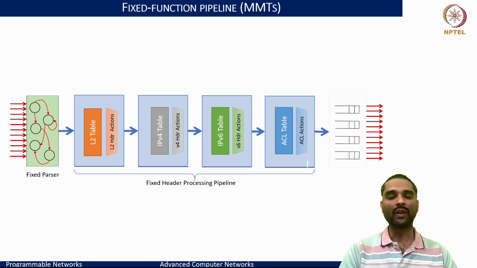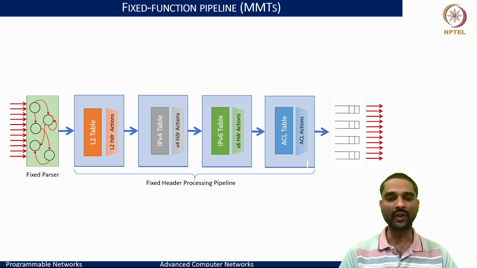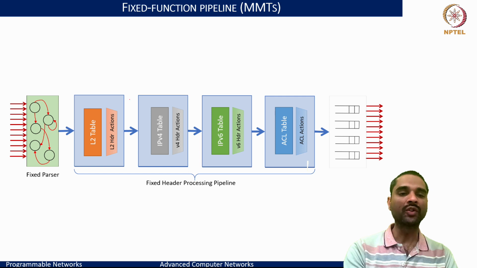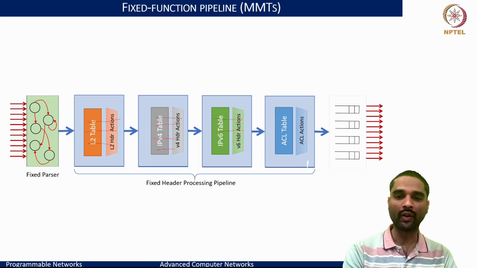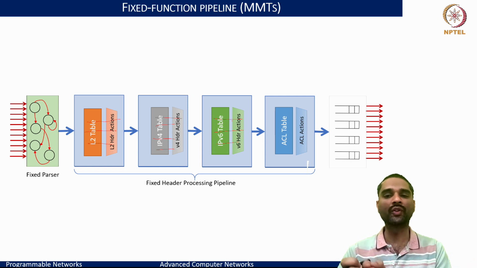And this is what we refer to as the multiple match tables, which you could basically push. And how these tables and actions would correspond in each of these tables as we go along could be programmed through OpenFlow, saying what specific header match you want and what specific actions we could do.